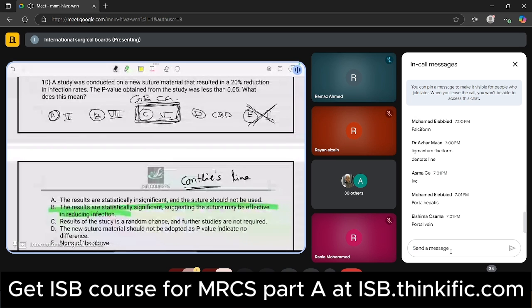Middle hepatic vein. Excellent. It is the middle hepatic vein, a line that joins the gallbladder bed to the middle hepatic vein. It's called Cantlie's line. Cantlie's line divides the liver into two halves, functional right and functional left. Each half is divided into further Couinaud segments.